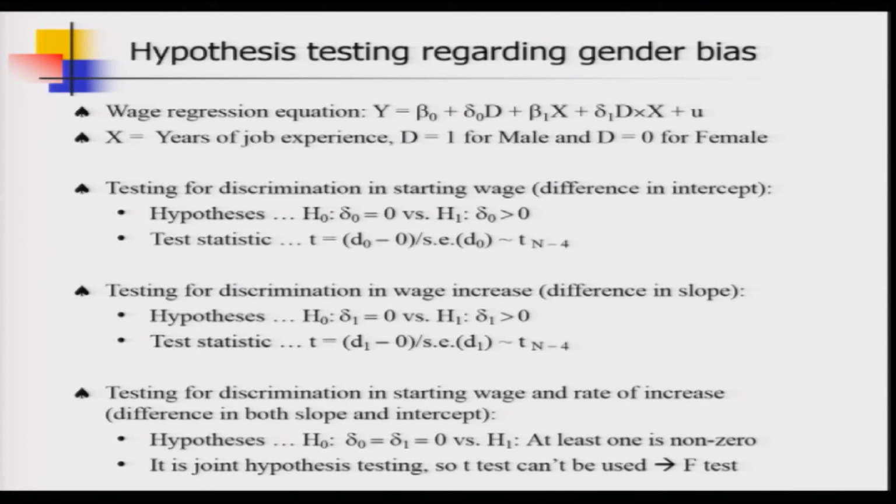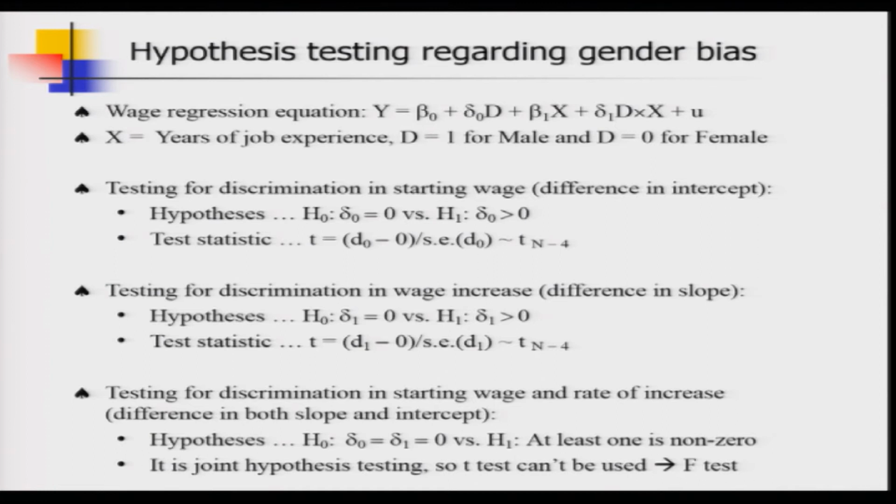Okay. So, the test statistic will be the usual t statistic, nothing new. So, you can follow it quite easily, and now I move on to the third case where I am going to test for discrimination in starting wage and the rate of increase.